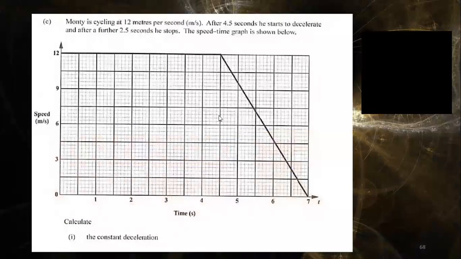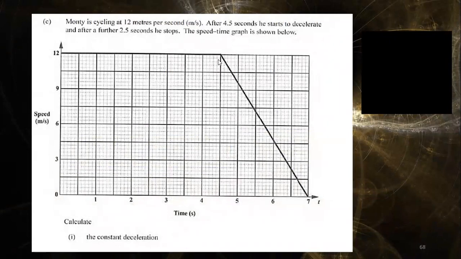And sometimes you may have questions like this. Monty is cycling at 12 meters per second. After 4.5 seconds, he starts to decelerate, and after a further 2.5 seconds, he stops. The speed-time graph is shown below. Calculate the constant deceleration. The deceleration starts from here and slopes to the left.